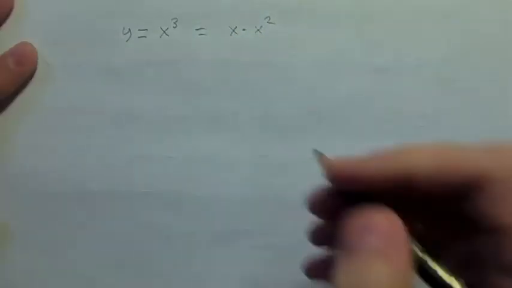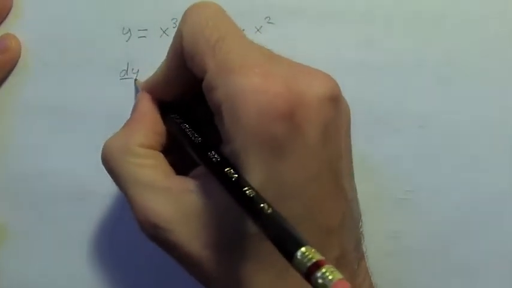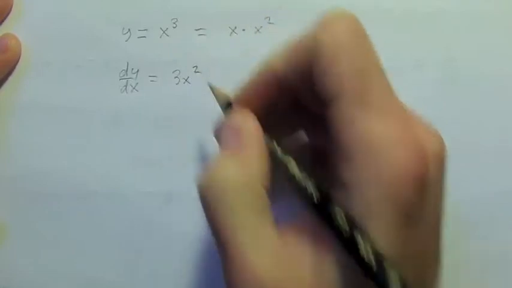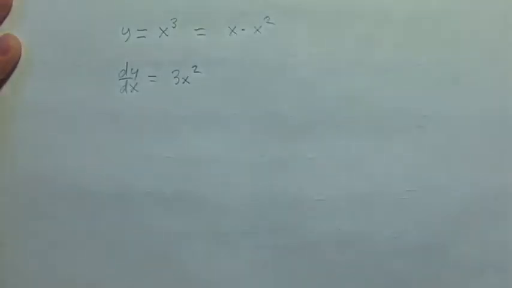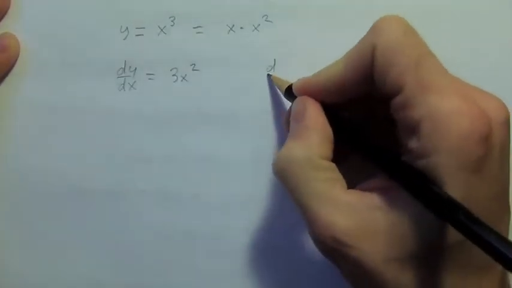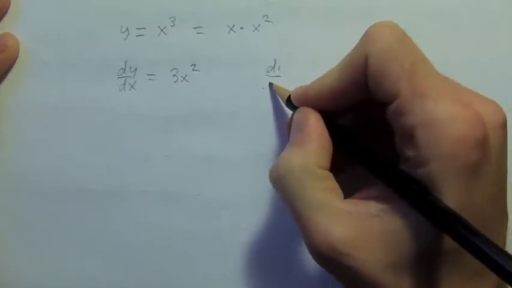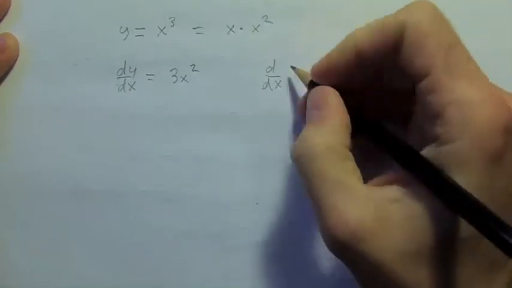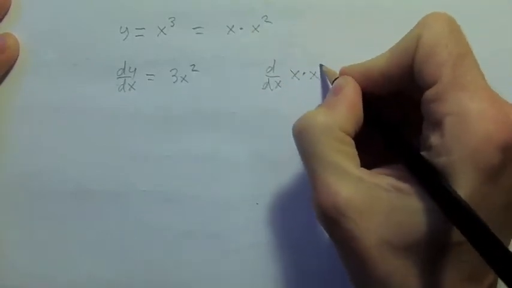Fair enough? Now, using the power rule, I know that the derivative of y with respect to x is 3x squared. Okay. Now, let's try this with the product rule. Let's say I take the derivative with respect to x of x times x squared.